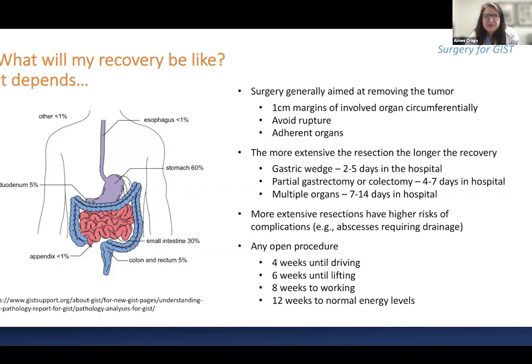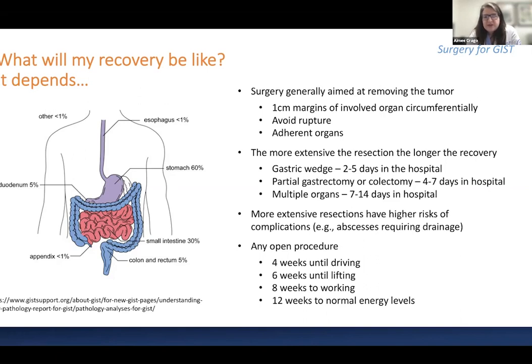and 5 days. If we have to take a larger part of the stomach, say for example, the whole lower half of the stomach, or if we have to take a piece of intestine, those types of procedures often mean that the intestines don't work as well over the first few days after surgery, and so patients can't eat well. And in that context, you may need to stay in the hospital on average 4 to 7 days.